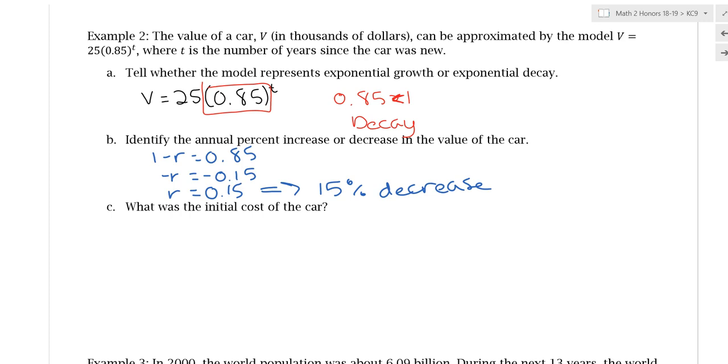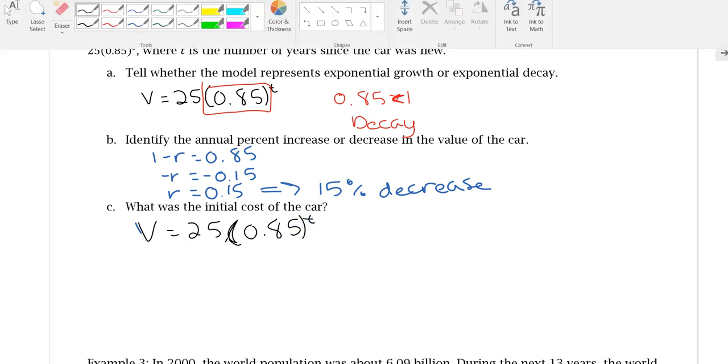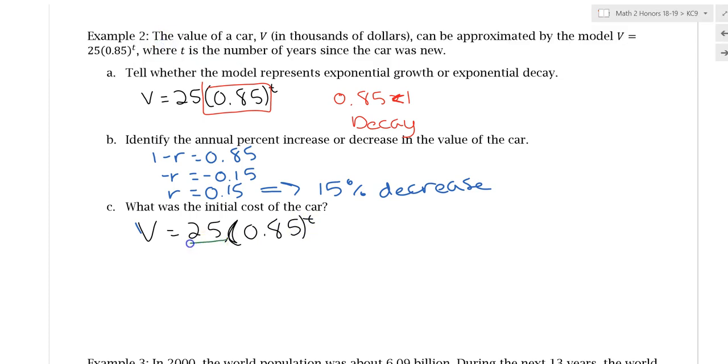Okay. C, what was the initial cost of the car? So our A value. We have V equals 25 times 0.85 to the T. Our initial cost comes from our A value, so that's this.